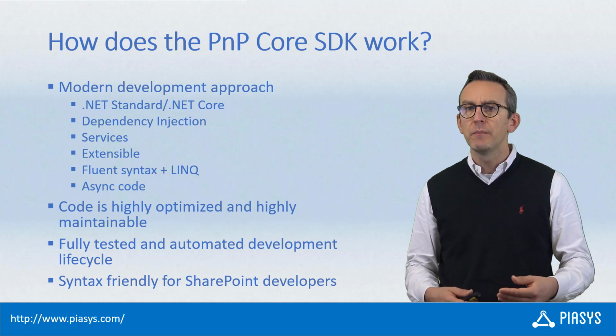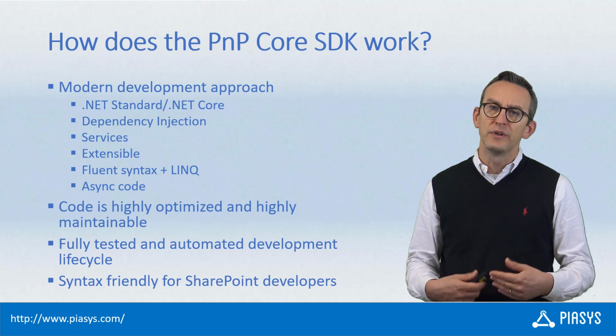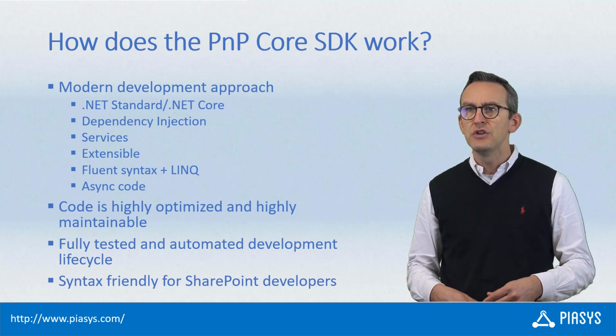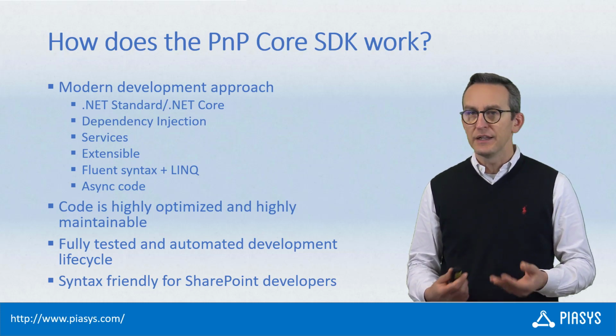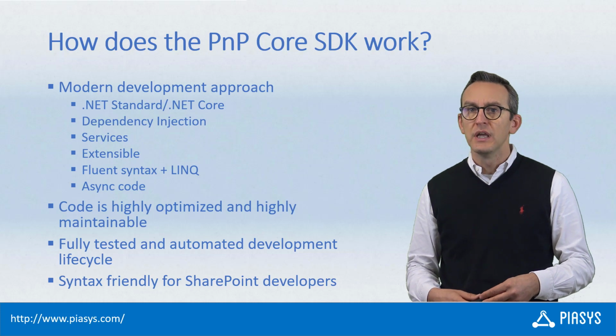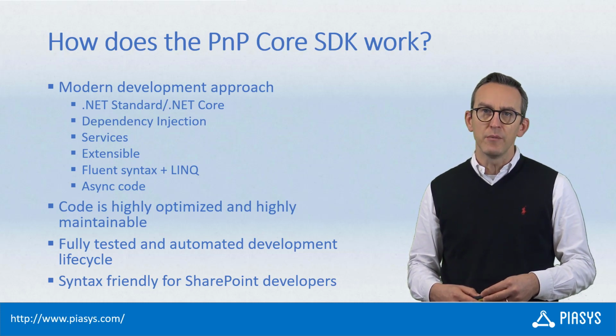Moreover, it is fully based on an asynchronous development model. The code is highly optimized, and we have a huge amount of automated tests to guarantee a high quality of the code that we release. And the syntax, from a developer point of view, is really friendly if you are a SharePoint developer, to help SharePoint developers easily adopt and use this new library.